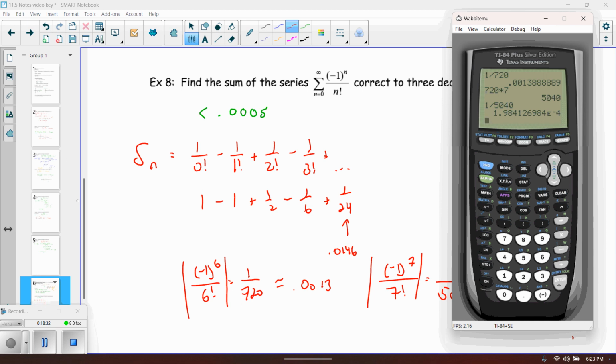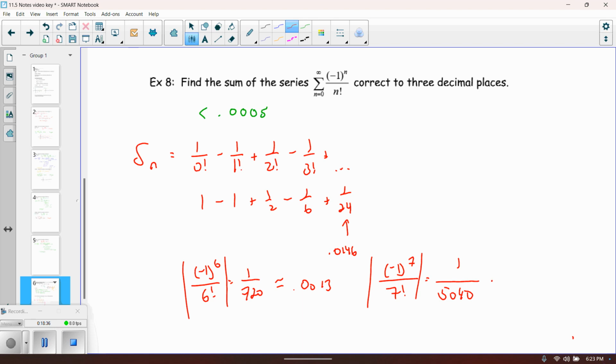Ooh, 1.98 to the negative 4 power. So that's approximately 1.98 times 10 to the negative 4 power, which is the same thing as moving the decimal place 4 places to the left, which is going to be 0.000198. That is less than 0.0005. So that right there is our first term.